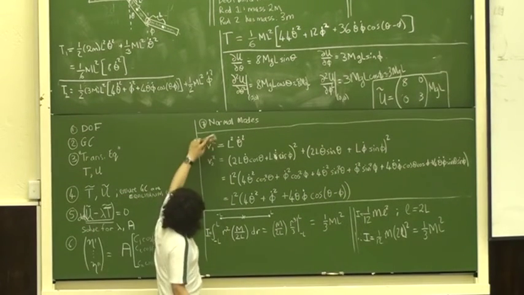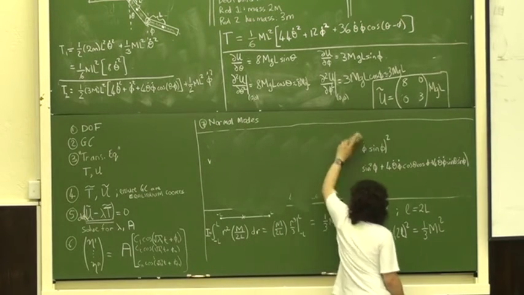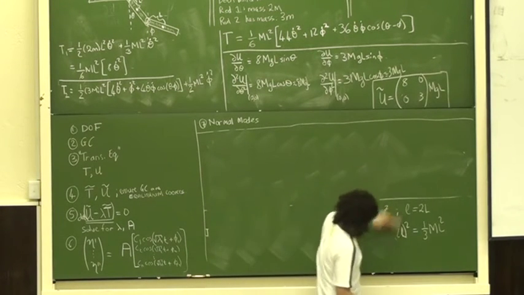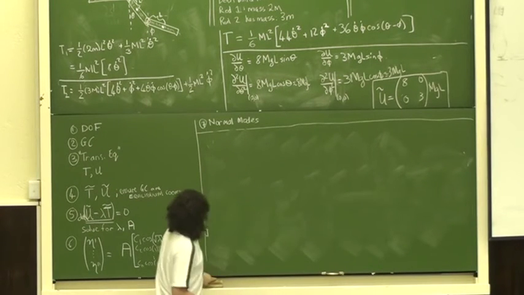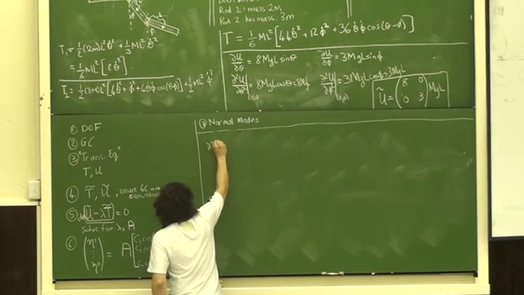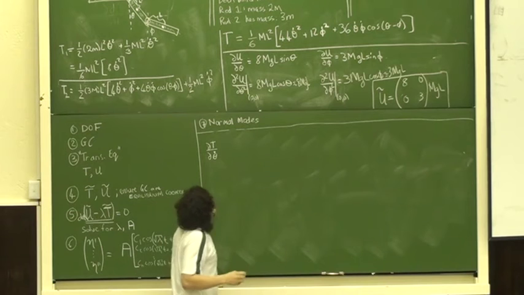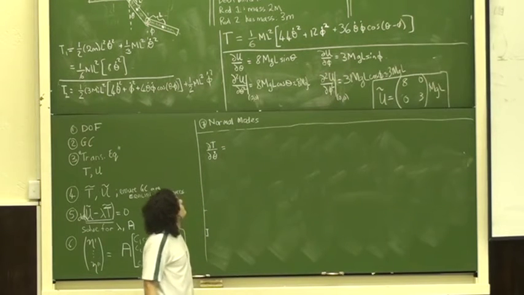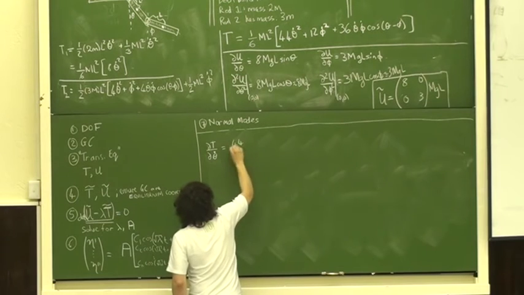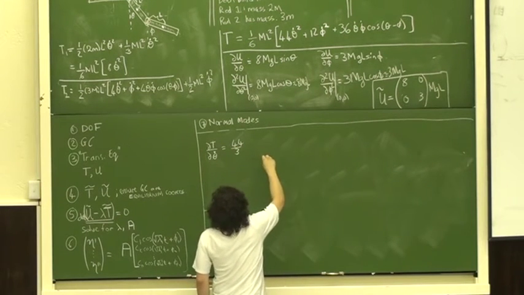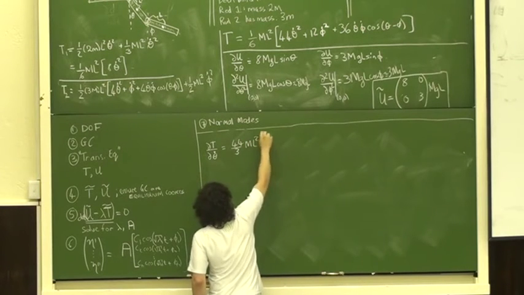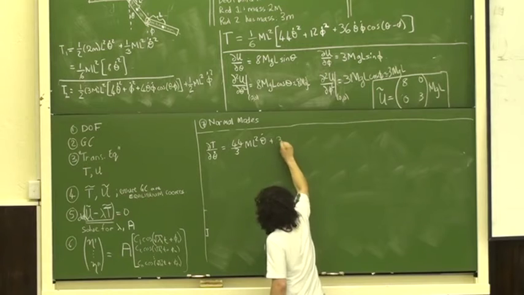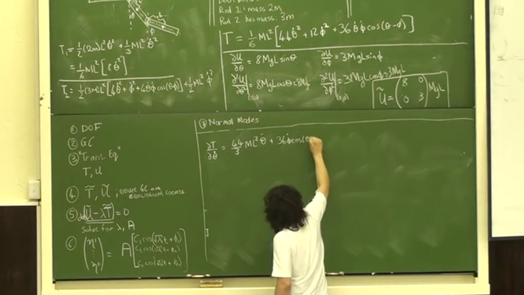So for T tilde, we're going to work out del T by del theta dot, and we're going to get 44 over 3 ML squared theta dot plus a cross term, plus 36 phi dot cos theta minus phi.